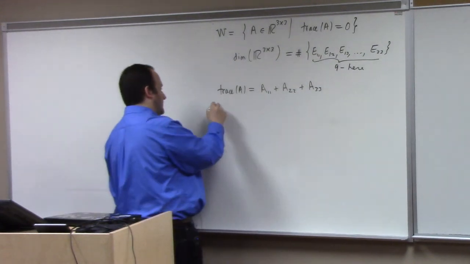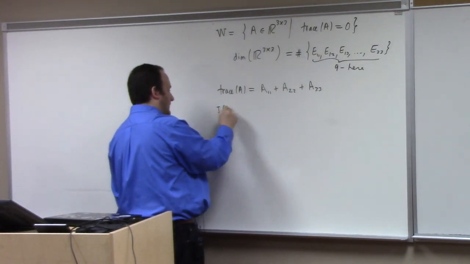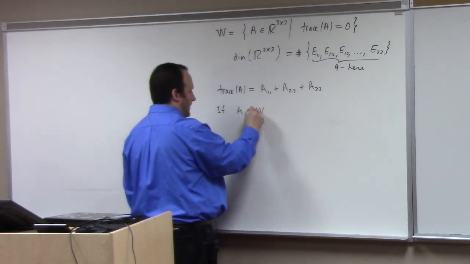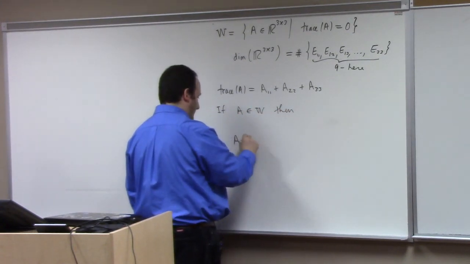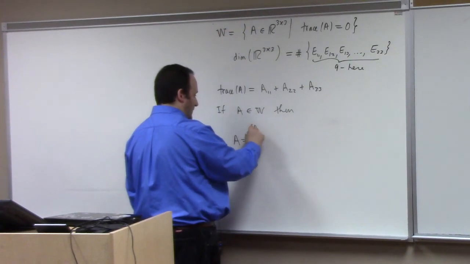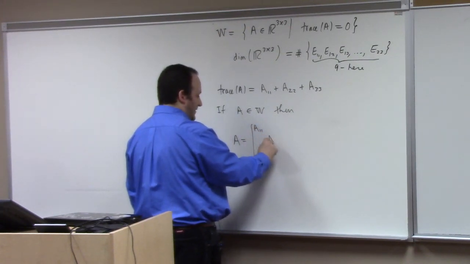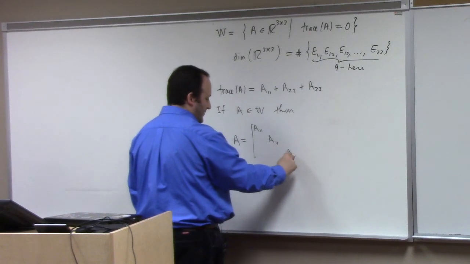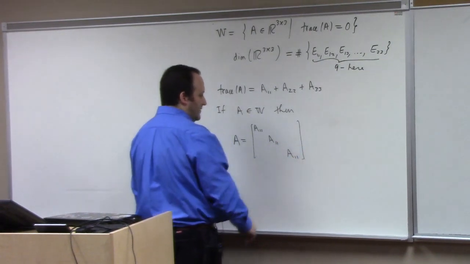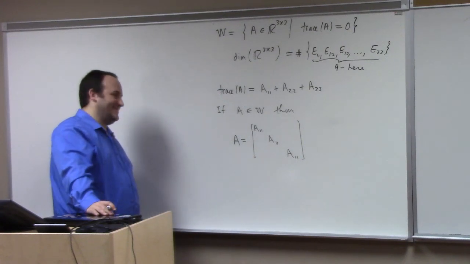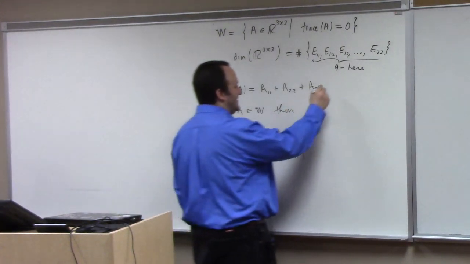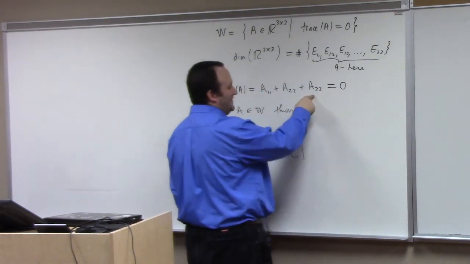So, point being, if A is in W, then A equals what? A11, A12... oh, wait a minute. That's not right. Let's see here. If I set the trace equal to 0, what should I do? Maybe solve for A33?